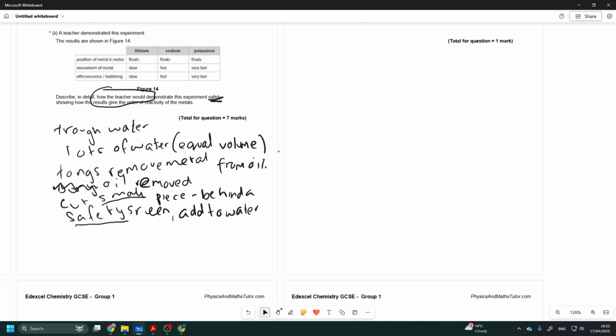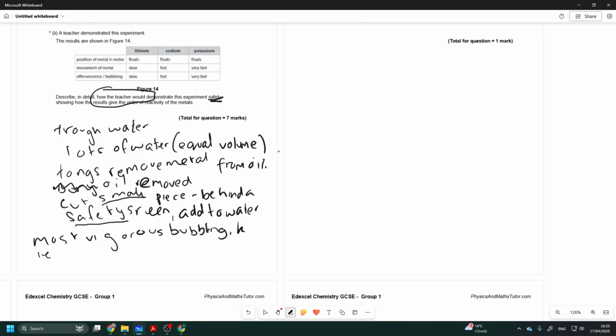Now, it also says, how would the results give the order of reactivity? So the most vigorous bubbling would be with potassium.